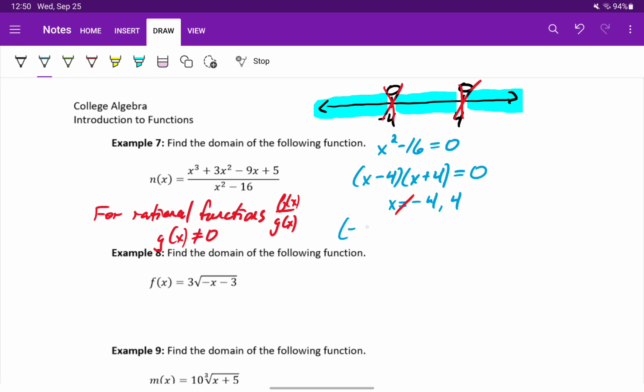To do that, we'll write an interval from -infinity to -4 with a rounded parenthesis to make sure we're excluding -4. Union -4 to +4, union 4 to +infinity. So essentially what we've done is taken that interval from -infinity to infinity, and we've inserted two gaps, one at -4, one at +4, to show that those restricted values are not a part of the domain.